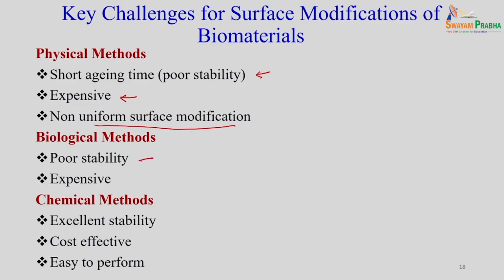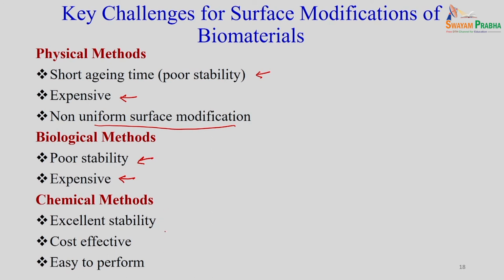In case of biological methods, the biomacromolecules themselves are very susceptible to harsh conditions such as pH, temperature, and ionic strength, and again their immobilization and attachment is an issue, and the cost of the biomacromolecule itself is expensive.